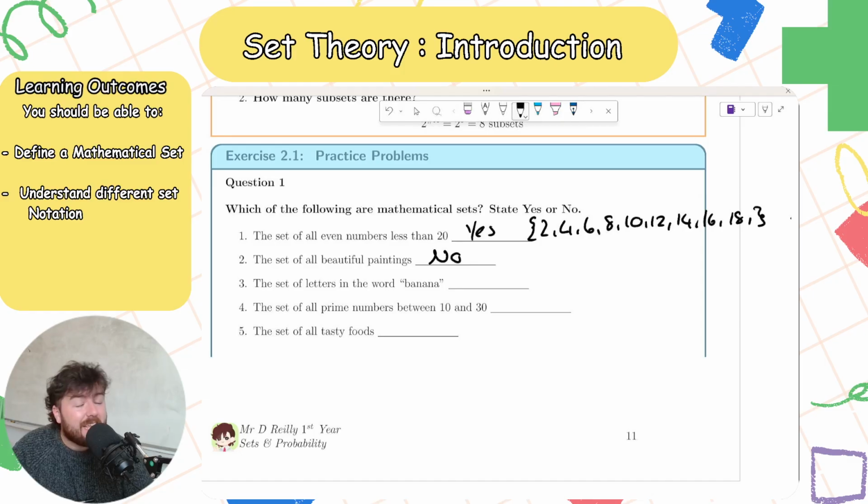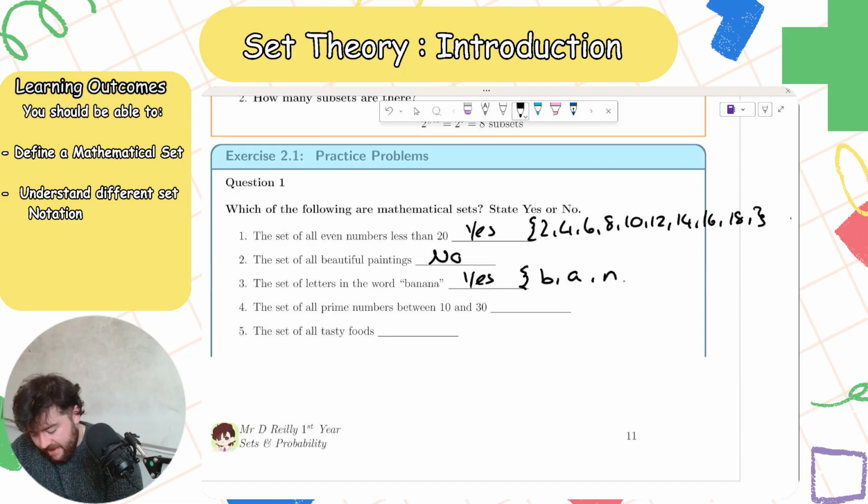It's not a set because what's a beautiful painting? The set of letters in the word banana. Well, that is a set because I can list all of the letters in the word banana. So we see here we have a B, we have an A, we have an N. We also have another A, another N, and one more A. But in sets, we only ever include each element once.